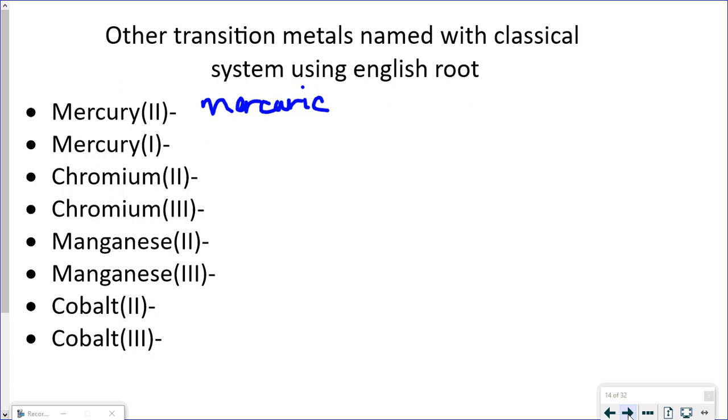Something like chromium, they can be +2 or +3. +2 is the smaller charge, so that would be chromous. And something like manganese, that can be 2 or 3. The 2 is the smaller one, so that would be manganous. Just to show you how that can be used with ones that are not the Latin names as well.